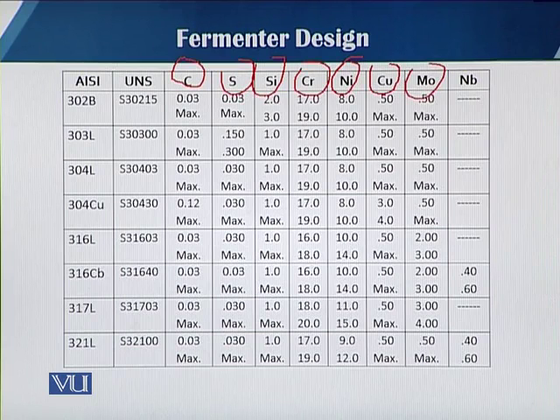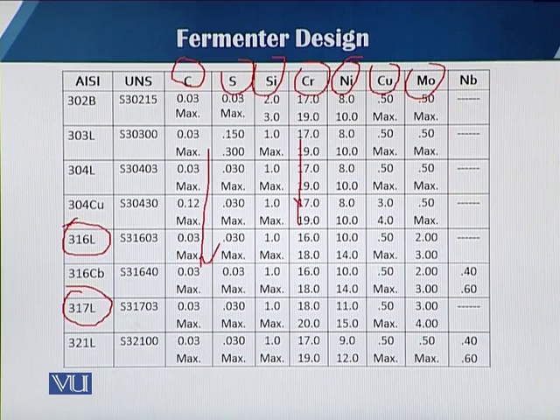So these are the different concentrations present, but the most critical are 316 and 317, which are mostly used in a fermenter. For lower quality, cheaper fermenters, 304 grade is also used for normal fermenters, but high quality fermenters use only grade 317.